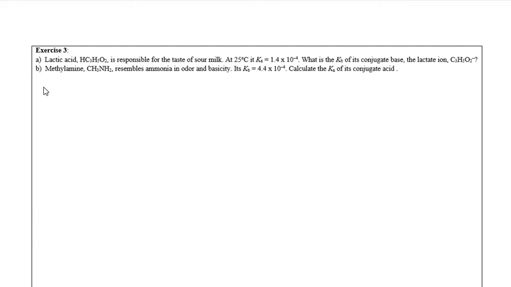Okay, so for A here, why is it called the conjugate base? Kb for the conjugate base.